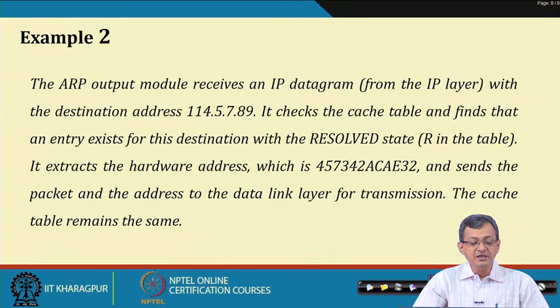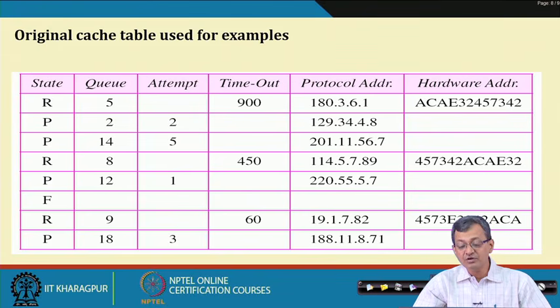So, the ARP output module receives an IP address from the IP layer with the destination address and so forth. It gets a packet for 114.5.7.89, which is already in the resolved state and within the timeout period.